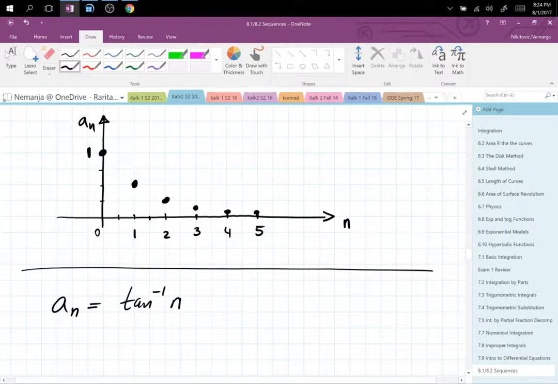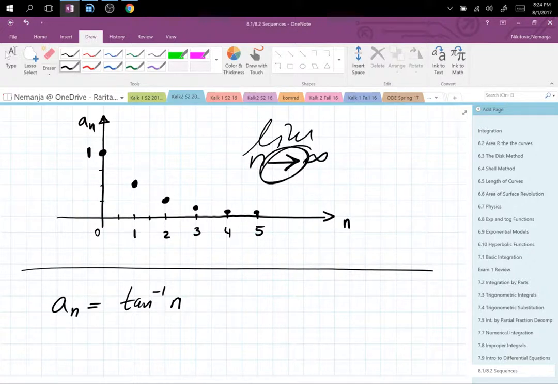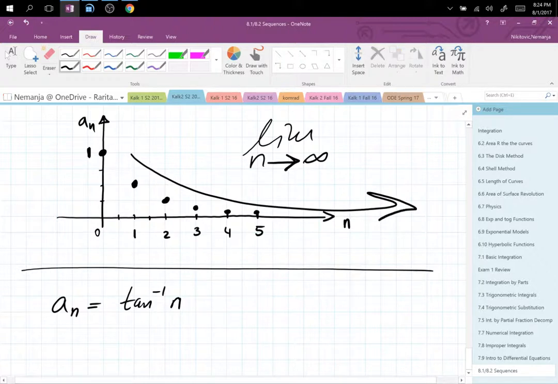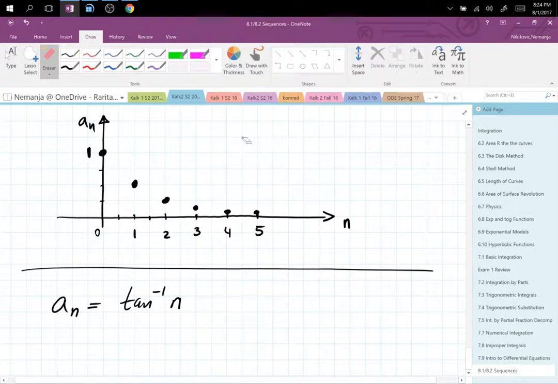So every time you say limit as n goes to infinity, you have to have that motion, going to infinity. So it's not stationary. A vertical asymptote is stationary at x equals 2 or something. But the horizontal asymptote, which is what we're dealing with here, has n going to infinity. So there's that motion, always moving. And as n is trying to be infinite, what's happening with all the y values?